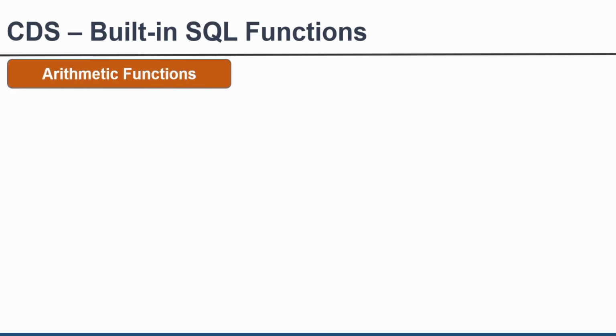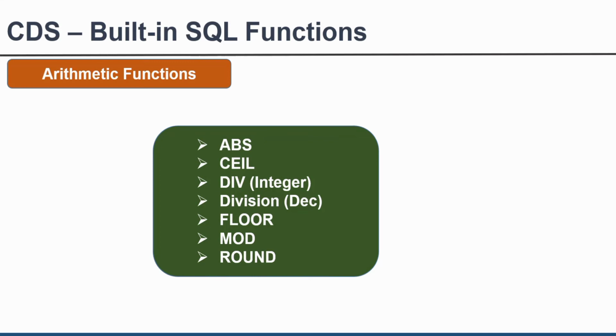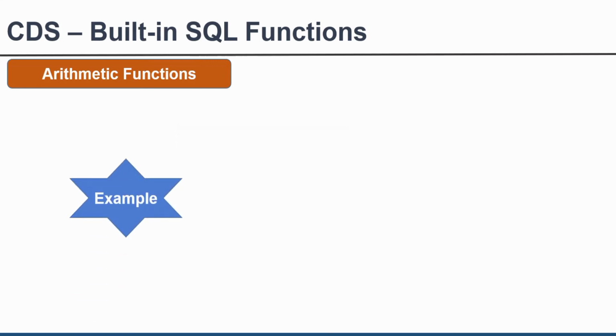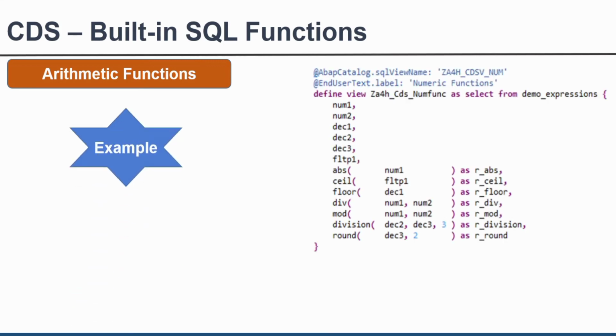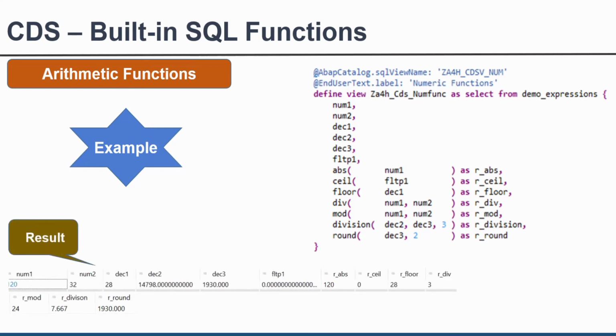Arithmetic functions. We have absolute, ceiling, div, division, floor, mod, and round. One example, a CDS view using the arithmetic functions, and we see the result.